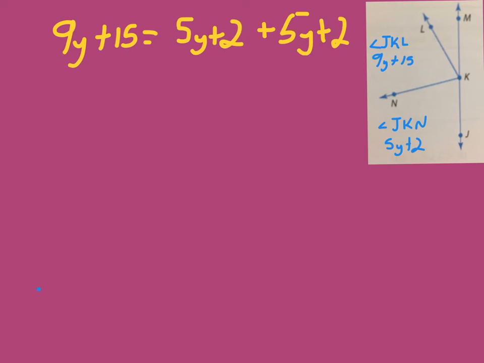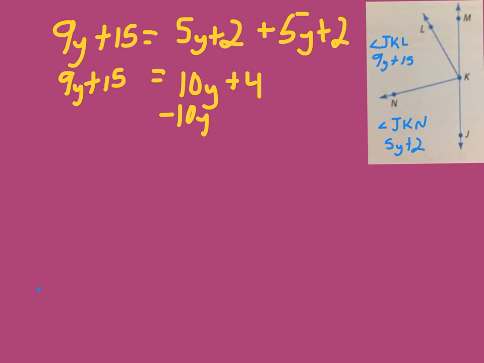So let's work this out and see what we come up with. Let's combine this stuff on the right side first. 5y plus 5y is 10y. And 2 plus 2 gives me 4. On the other side, I still have 9y plus 15. Let's subtract 10y from each side.